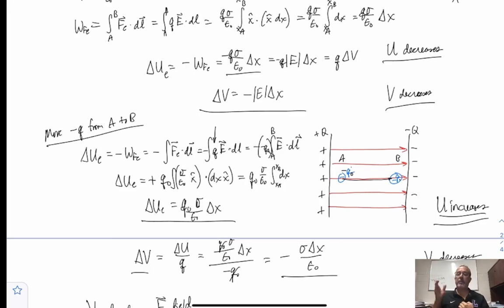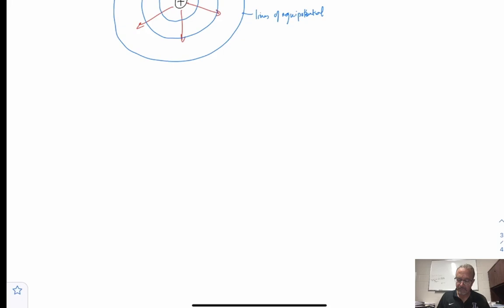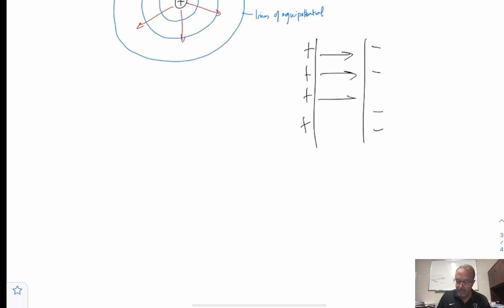So if the potential energy decreases, let's say that you have a parallel plate capacitor, okay? Positive charges over here, negative charges over here. And so your electric field looks like this. Let's say you have a positive test charge that moves this way, all right? So that's a potential energy decrease. It decreases in potential energy. Well, where does that potential energy go? Kinetic energy. Kinetic energy increases.